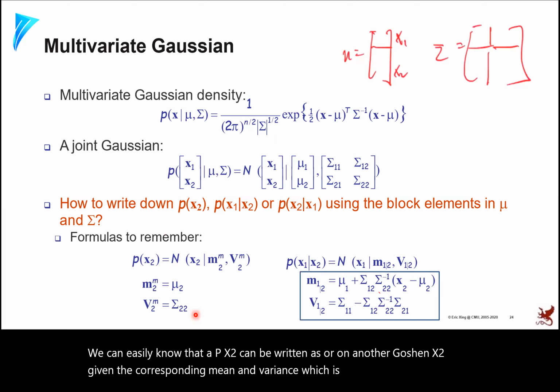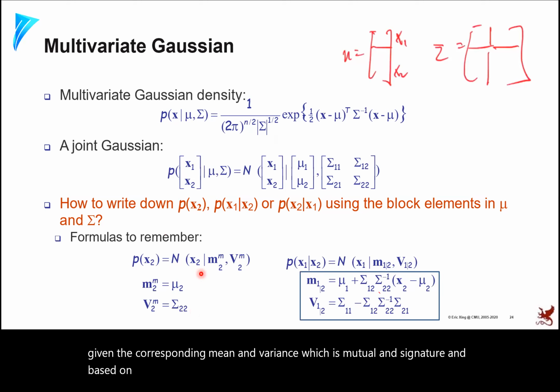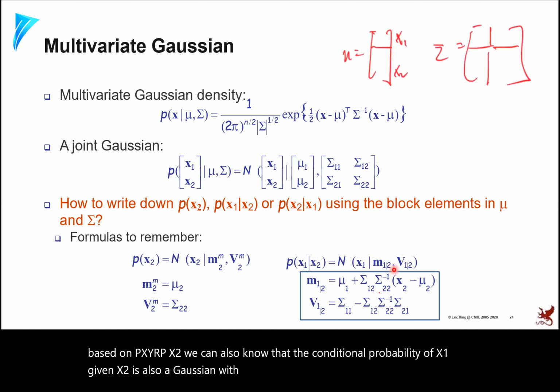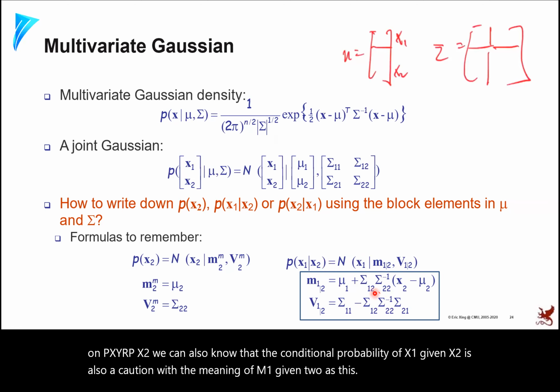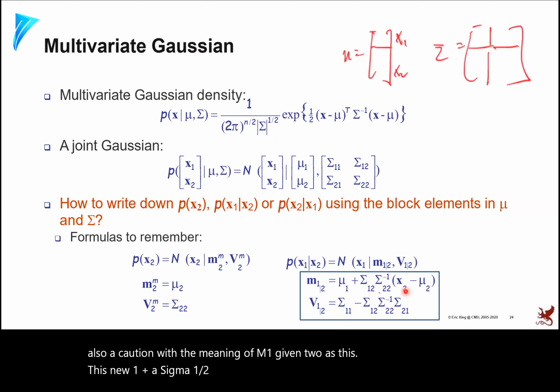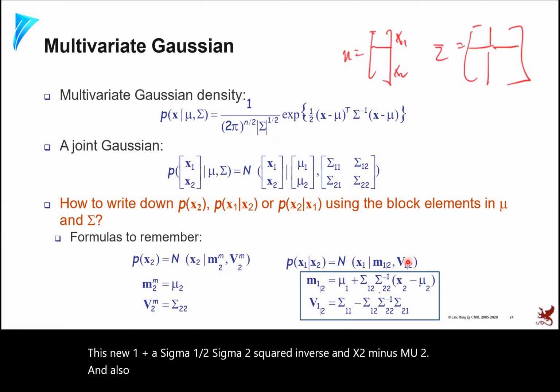And based on p(x1) and p(x2), we can also know that the conditional probability of x1 given x2 is also a Gaussian with a mean m1 given 2 as this: mu1 plus sigma 1,2 times sigma 2,2 inverse, times x2 minus mu2. And the conditional variance can also be written as a composition of the basic ones.